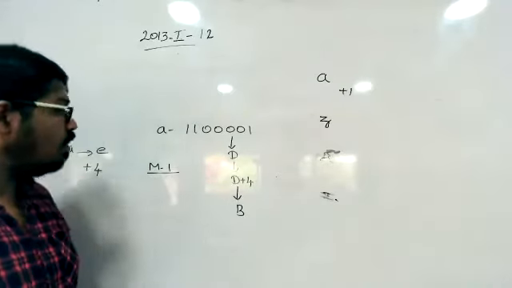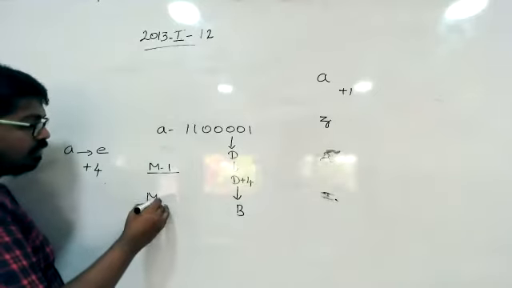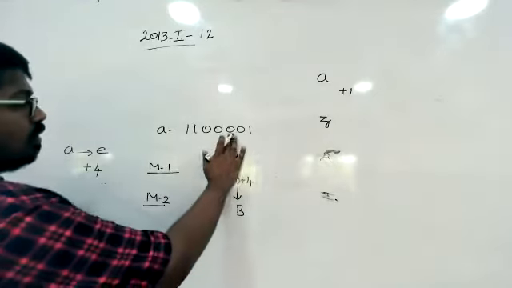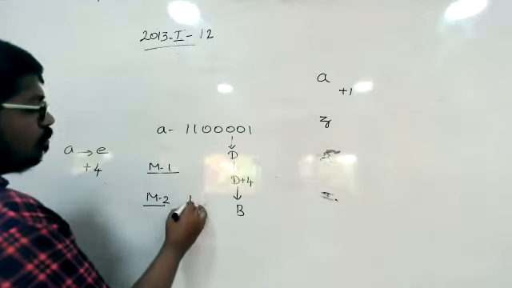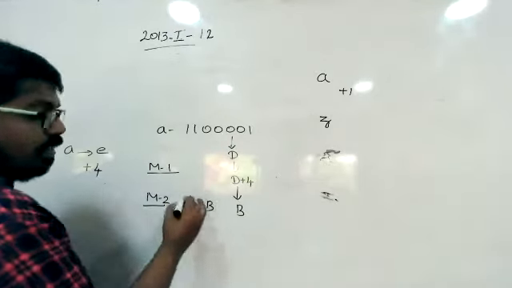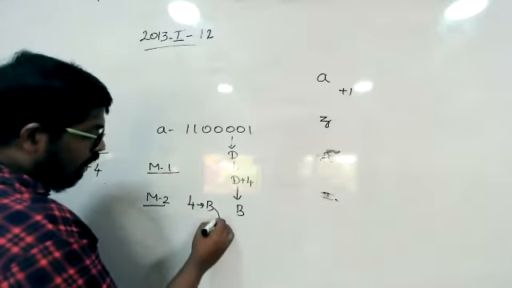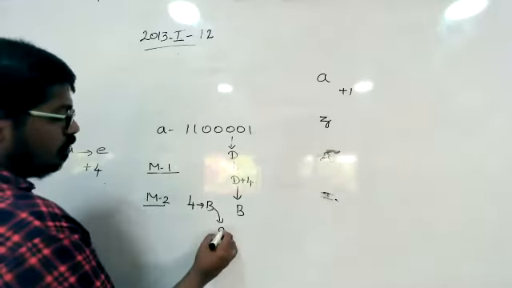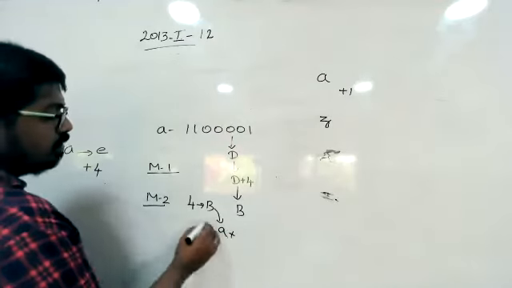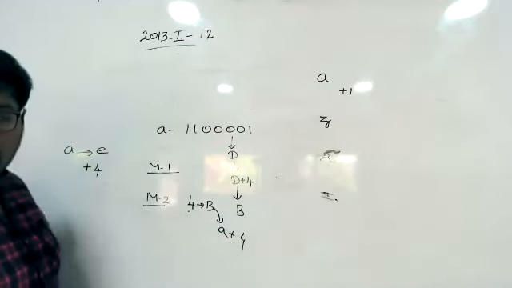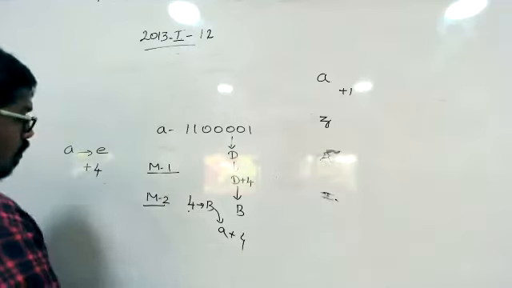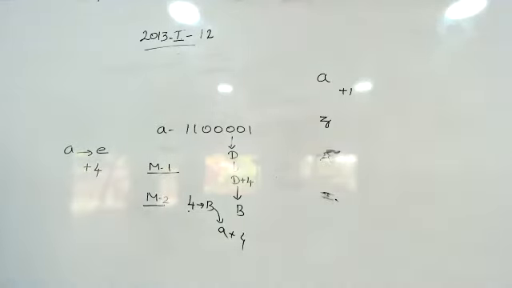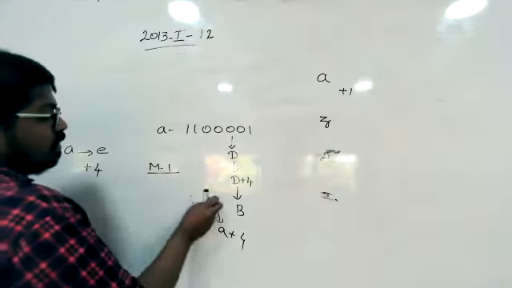Right? Method 2 says convert the decimal number 4 into binary and add it to A. So A plus 4. This is a very simple question. So I will perform method 2.